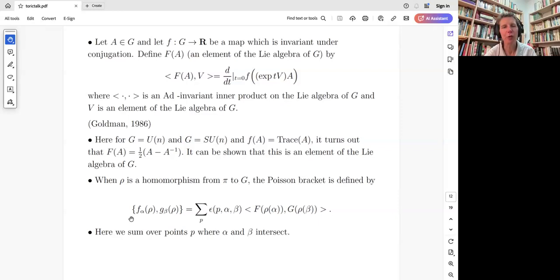This is how Goldman wrote the Poisson bracket in terms of these functions: summing over the intersection points of alpha and beta, you have the inner product of big F of rho of alpha and big G of rho of beta. So we have a very explicit description of the Poisson bracket.